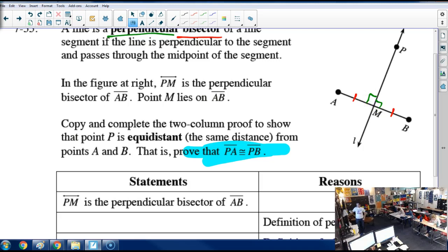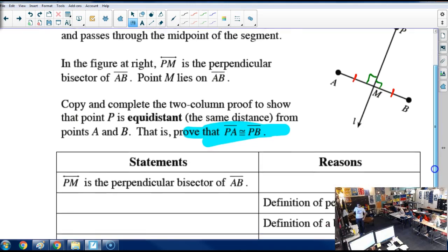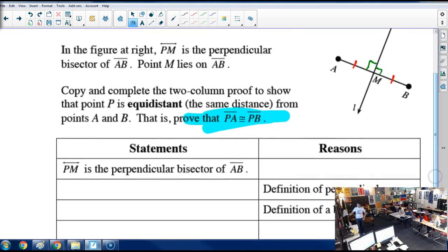Okay, so we're trying to prove that PA is equal to PB. I don't know how to state this.